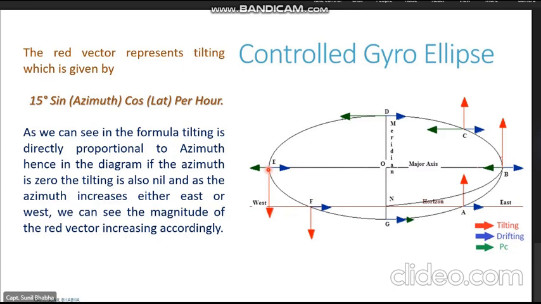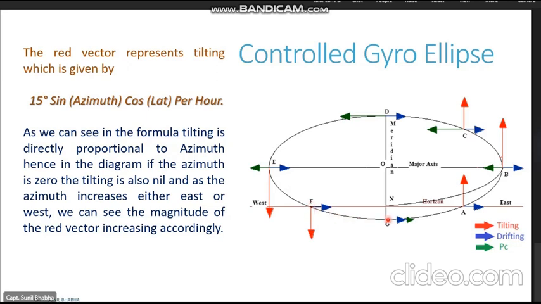From point Echo, the spin axis, remember always we are considering the quadrantal azimuth here. We are not considering the three-figure notation azimuth. When we discuss gyro, the azimuth is always considered or referenced in the quadrantal notation. So Echo to Foxtrot, the azimuth reduces, and you can see that the magnitude of the tilting vector also reduces.